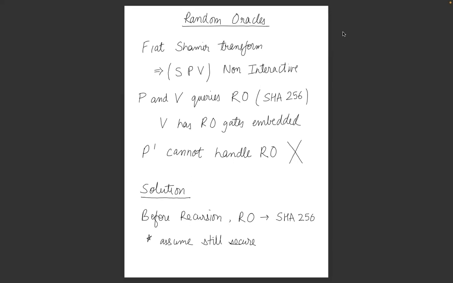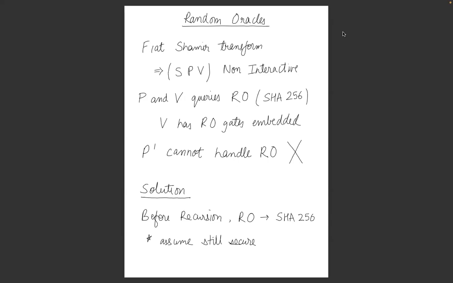Most of the protocols that we have been discussing were interactive protocols, right? Where there is some interaction between the prover and verifier, and this interaction usually happens when the verifier gives some challenge to the prover, and the prover computes this challenge and submits it to the verifier. But we want to convert these proofs into a non-interactive version where the verifier and prover do not interact, and are their own standalone quantities.